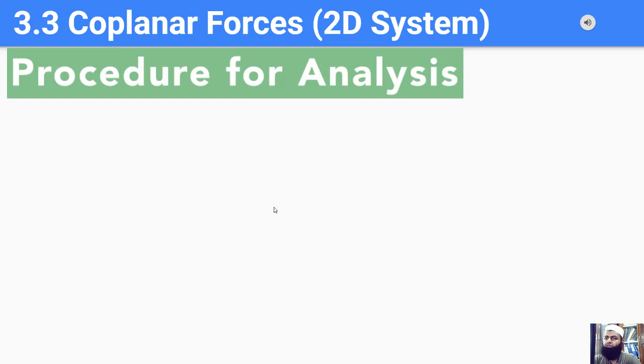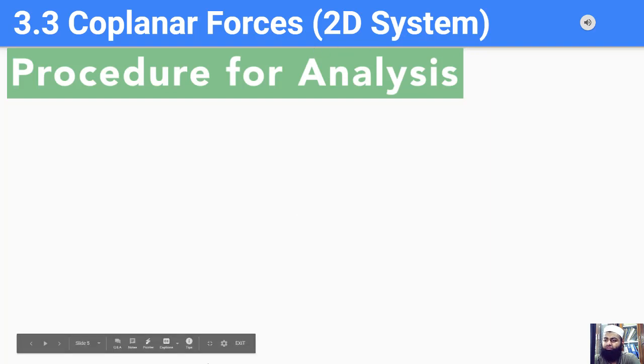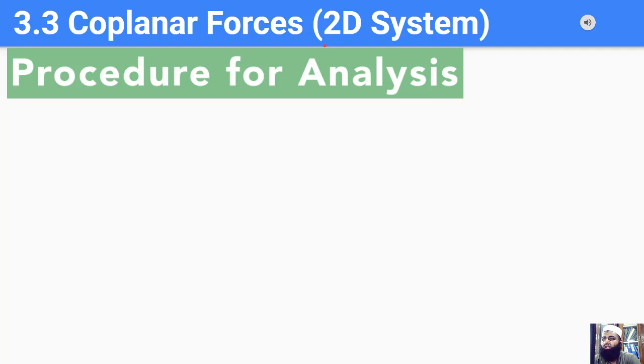Now we move to the general procedure of how we would analyze a system of co-planar forces to find the unknown forces. Just remember that right now we are still talking about only 2D systems, so we are not concerned with systems where we have forces in all 3 dimensions.